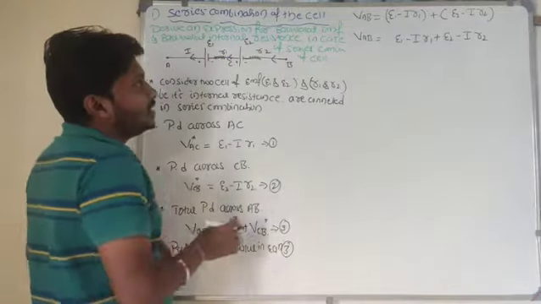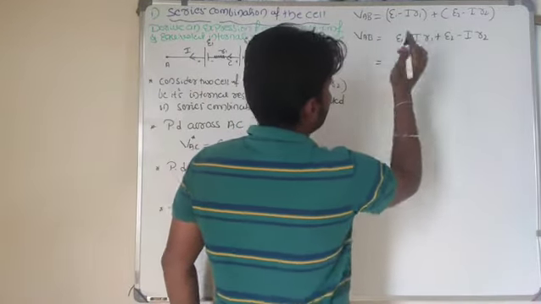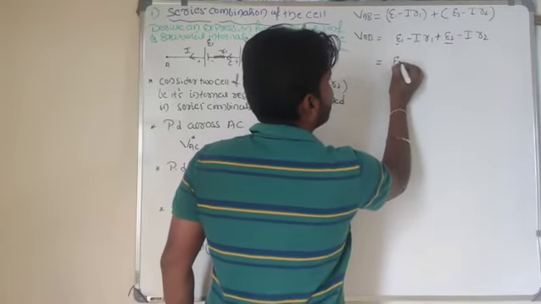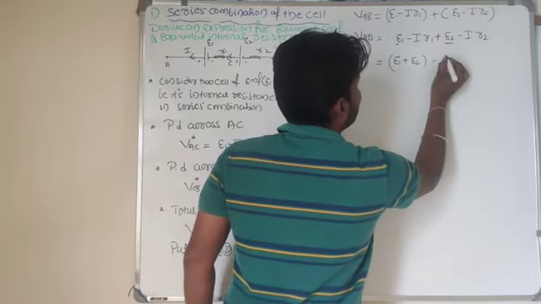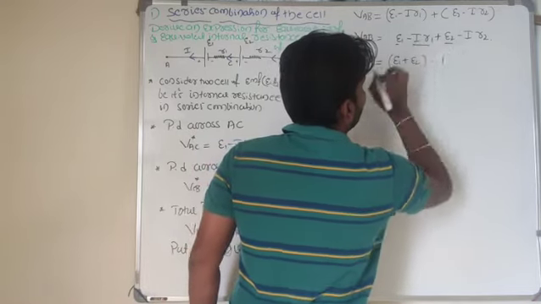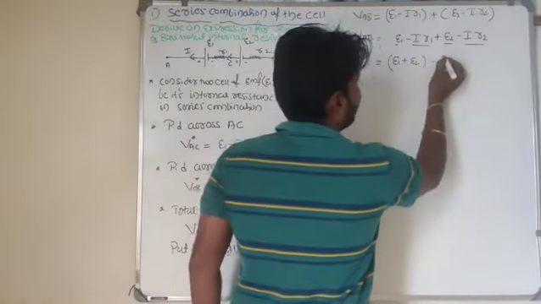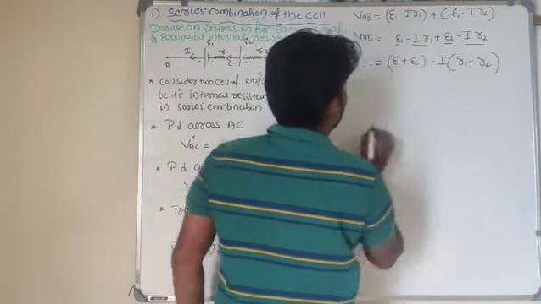So in this equation I will rearrange: E1 plus E2 minus, I into R1 is there, I into R2 is there, so I take I as common, I into R1 plus R2.